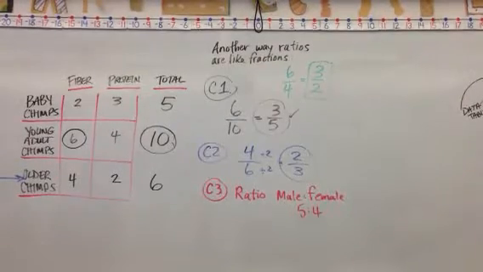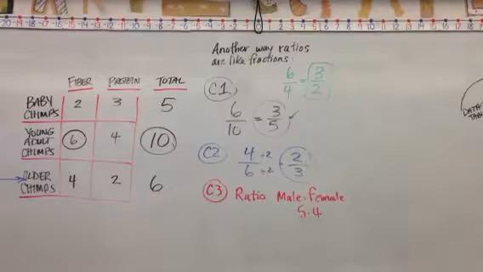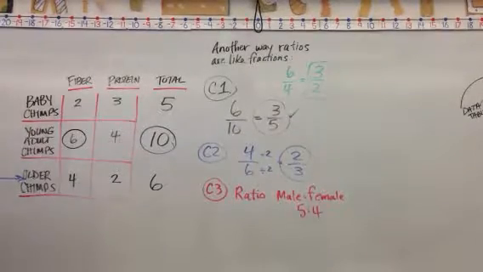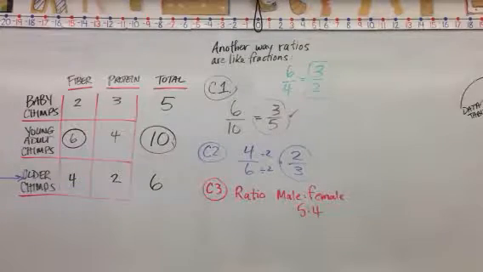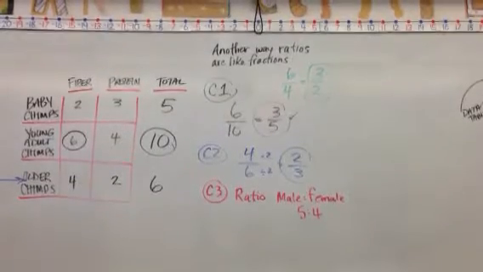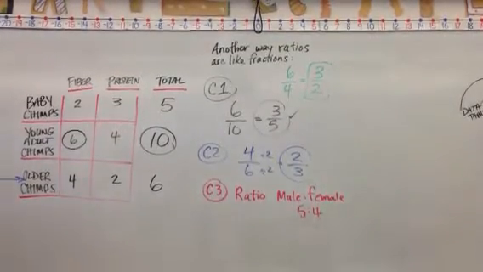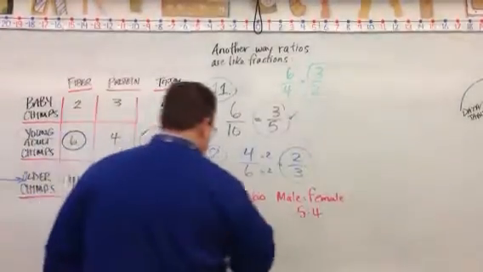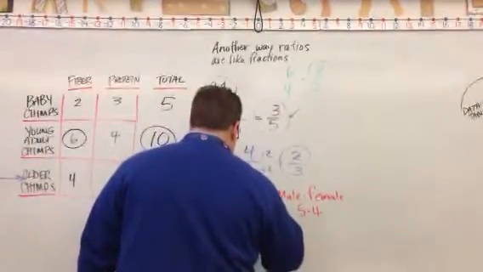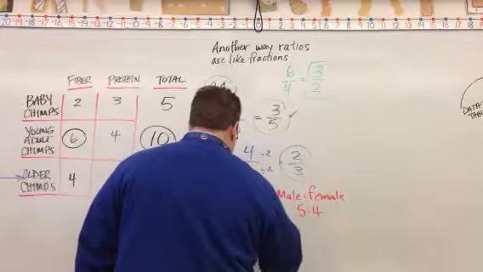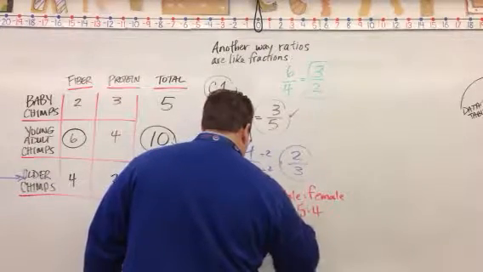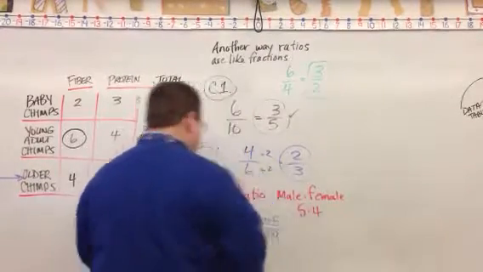Key word there being what? Fraction. So what fraction of those chimps would be male? Francisco. 5 out of 9. So the fraction male would be 5 out of 9.